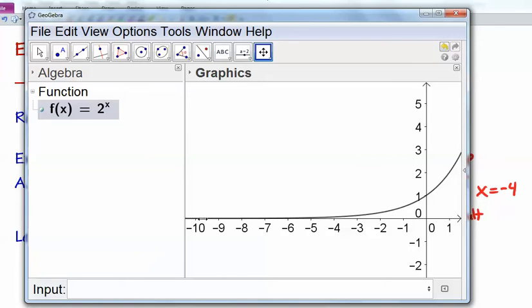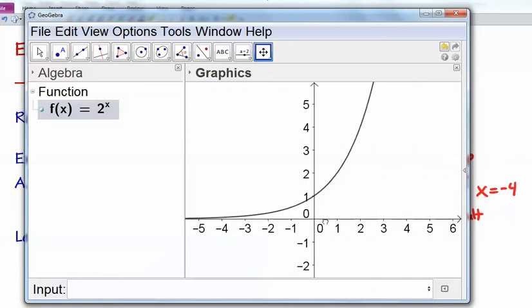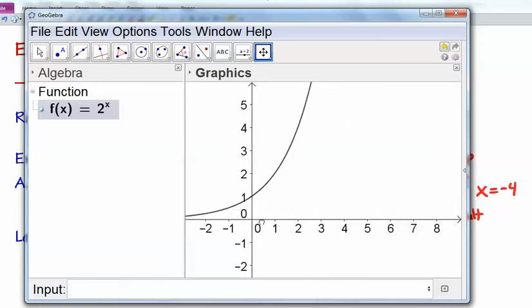It's hard to see that on GeoGebra, but 2 to the -10th is going to be 1 over 1024. So it's almost 0, but always above 0. So we say this line is an asymptote. A-S-Y-M-P-T-O-T-E. Asymptote.